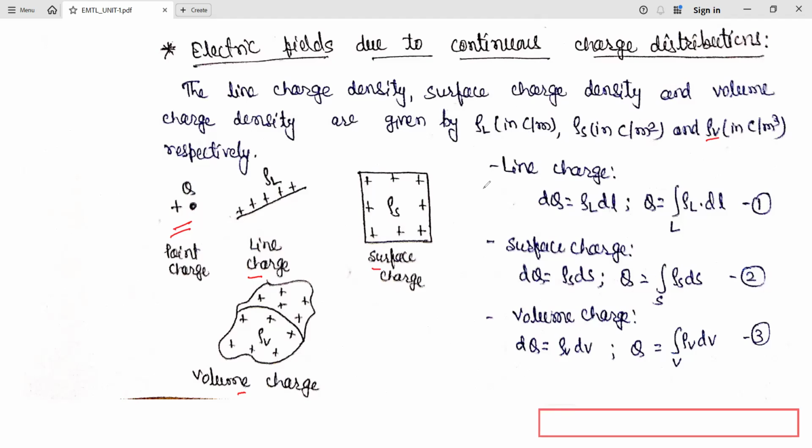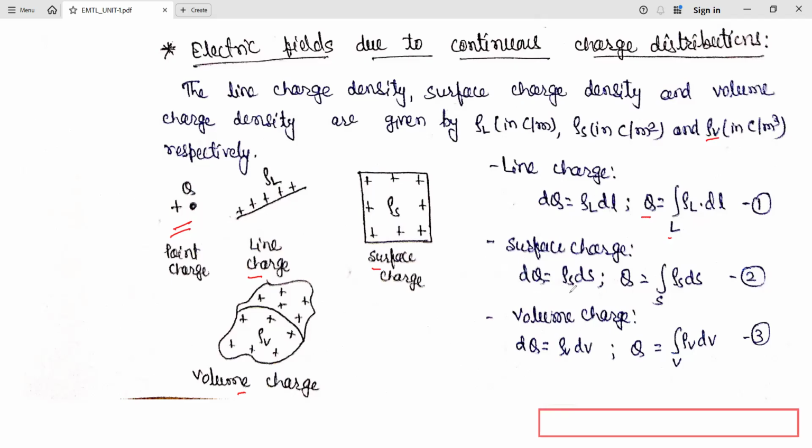Now using that concept, what will be the total charge enclosed? It is the charge density into the corresponding length, surface area or volume. On that basis, the total charge Q equals the integral of rho L into dl, the integral over the line. Next, we have surface charge.